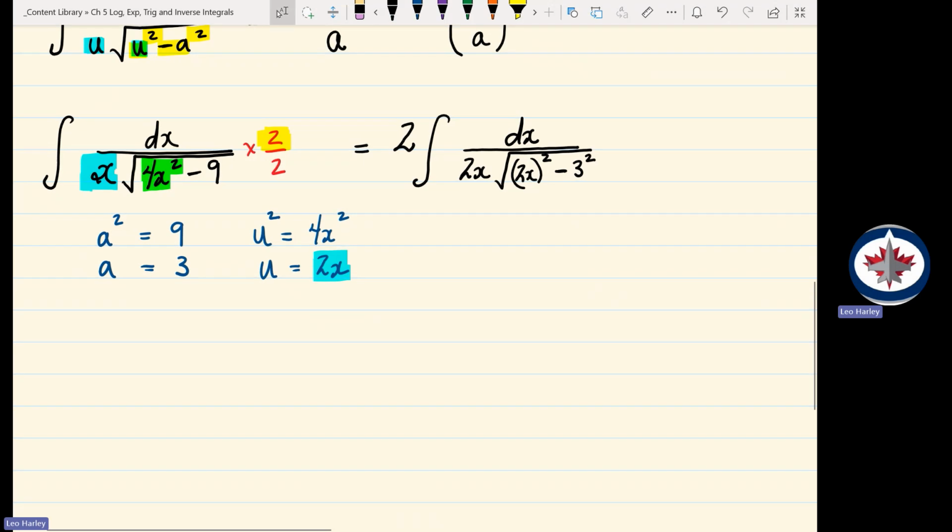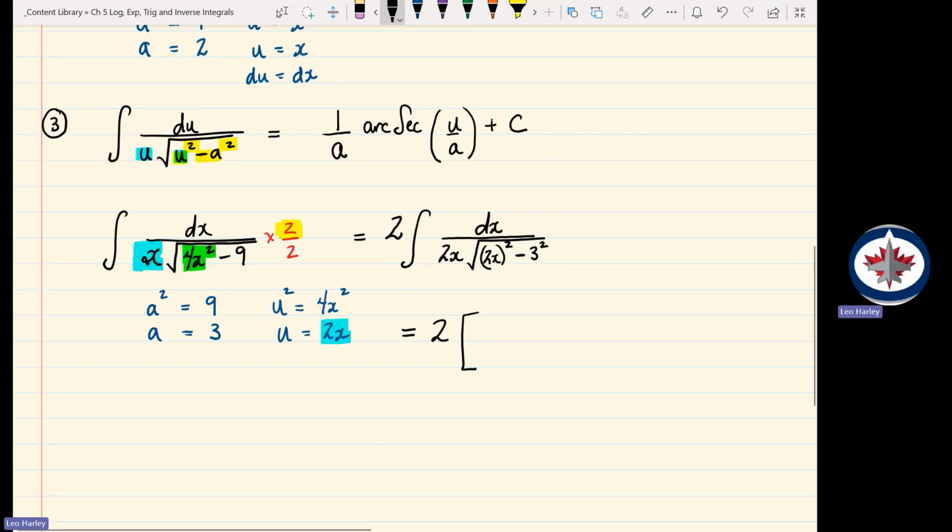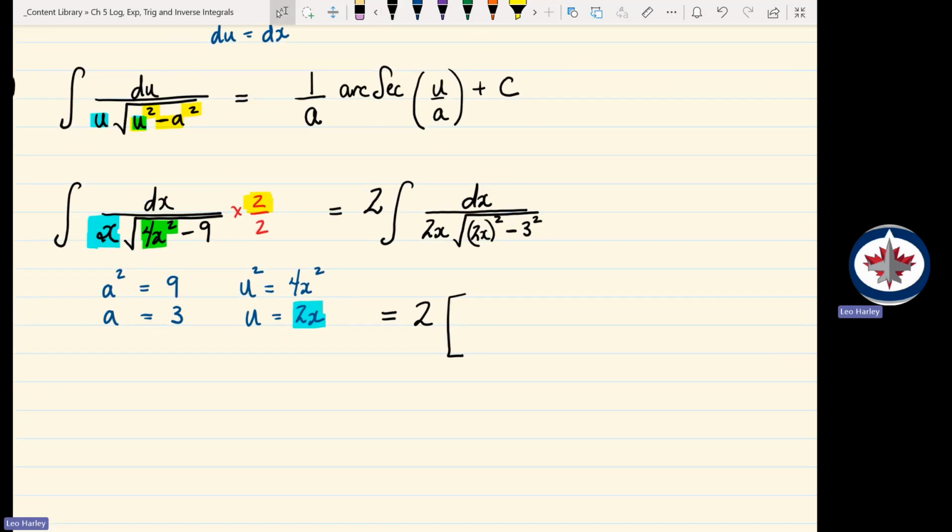All right, here we go. It's going to be equal to 2 times all of the nonsense that we're going to create. It's going to be arc secant because you got the function outside the square root and the function inside the square root. Here's the good news. Oh, wait. Uh-oh.